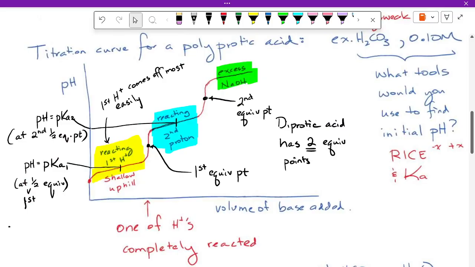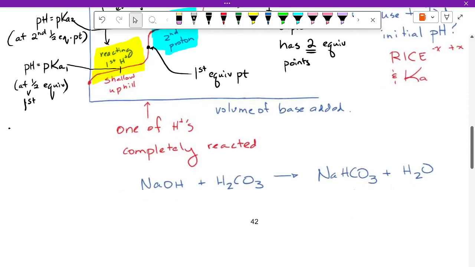Okay, and that's it. So here is our first neutralization. We have NaOH plus H2CO3 gives NaHCO3 plus H2O.